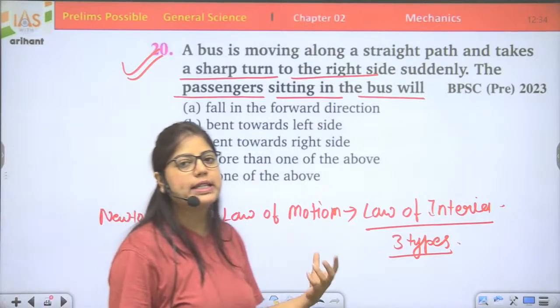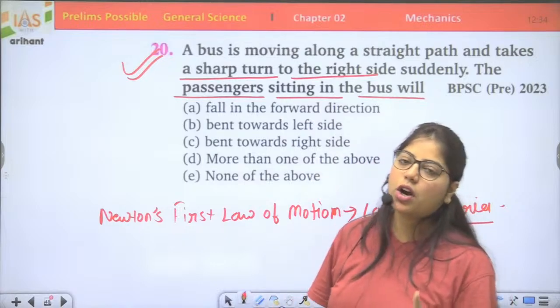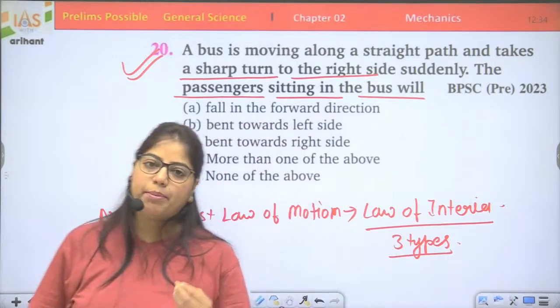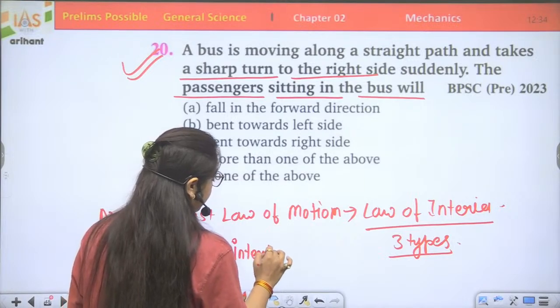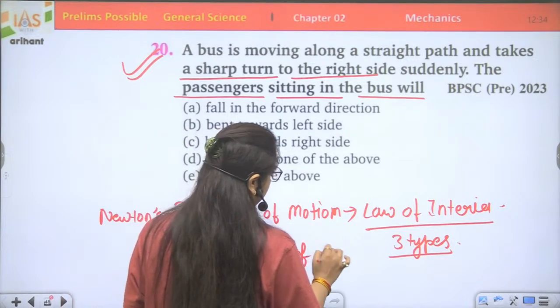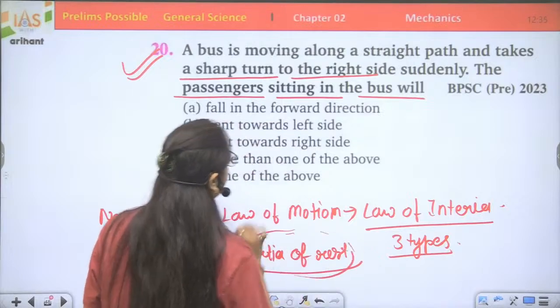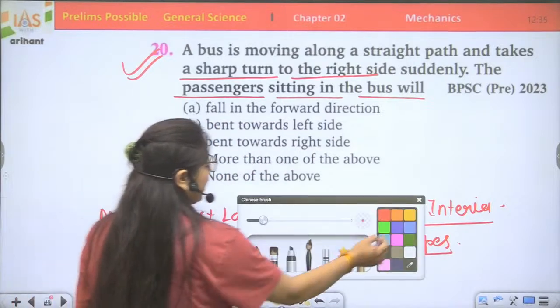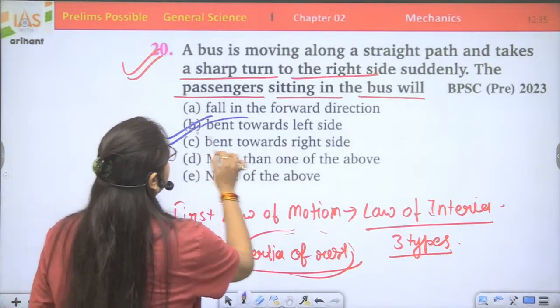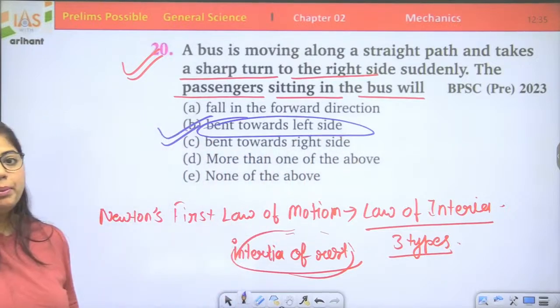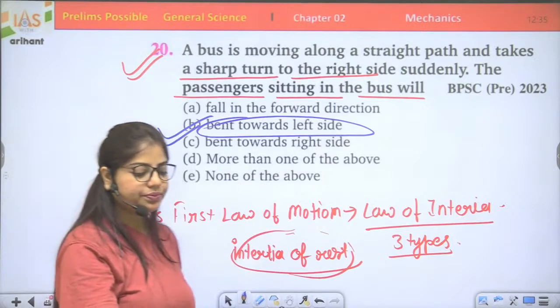Inertia of rest, inertia of direction, inertia of motion. So this example is by inertia of rest. Right? So the passenger will be bent toward the left side. Option number B will be the right answer.